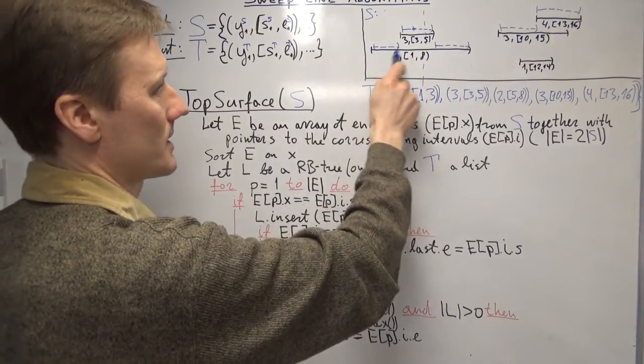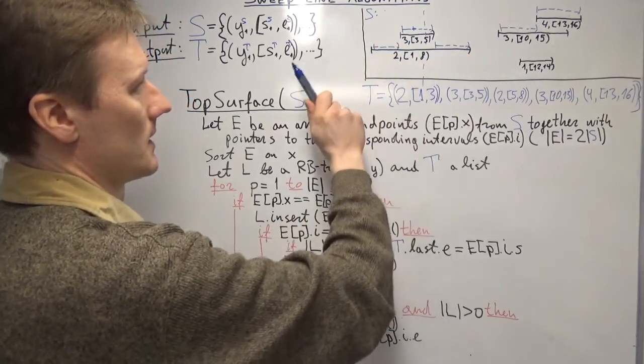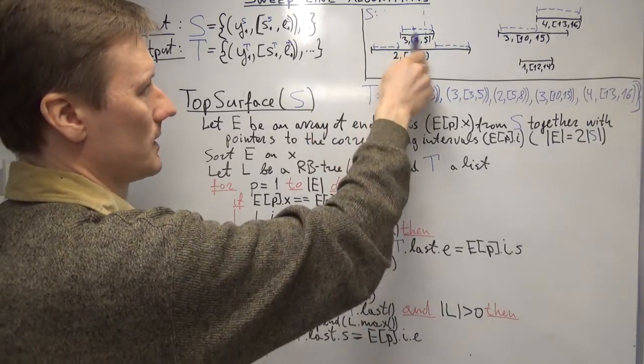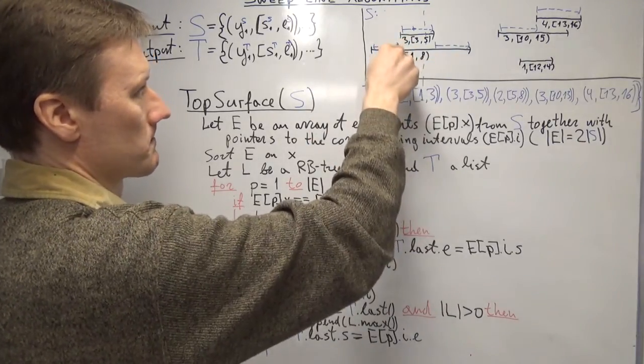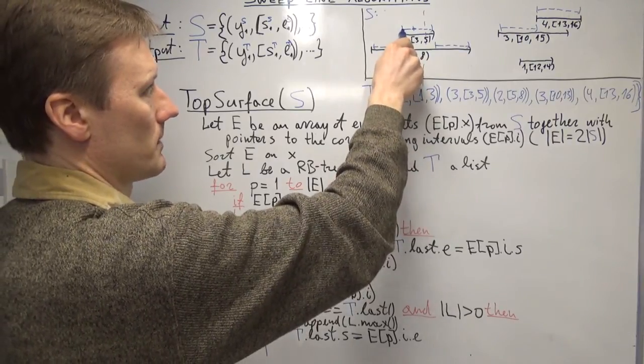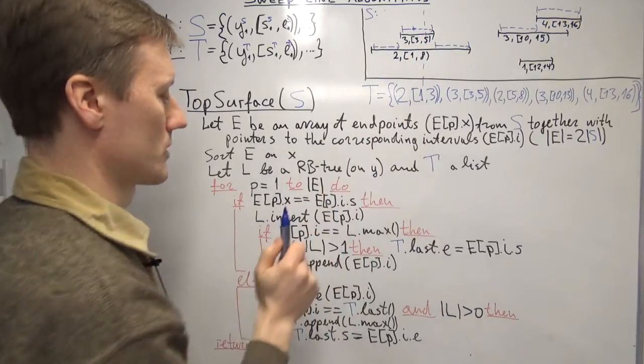So we had this interval as the last element in T. Now we crop it and set its endpoint to be equal to the beginning point of this new topmost interval.